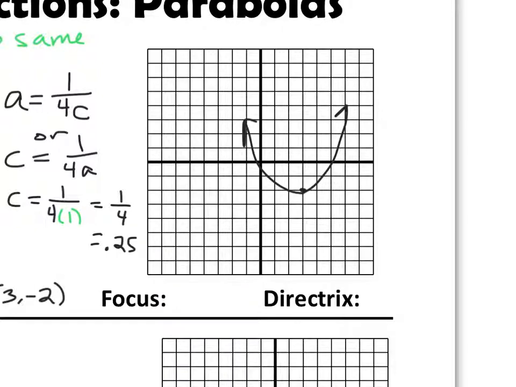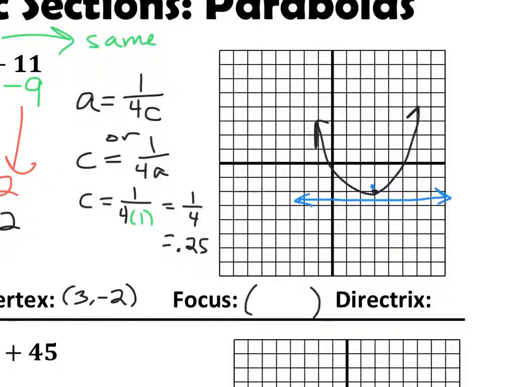I always say that your curve hugs your focus. So my focus needs to be inside my parabola. And specifically, it's going to be 0.25 above my current vertex, and then my directrix is 0.25 below my vertex. So my focus, what's changing there? What's changing is my y value. We do this similar to with ellipses and hyperbolas where we wrote our center.